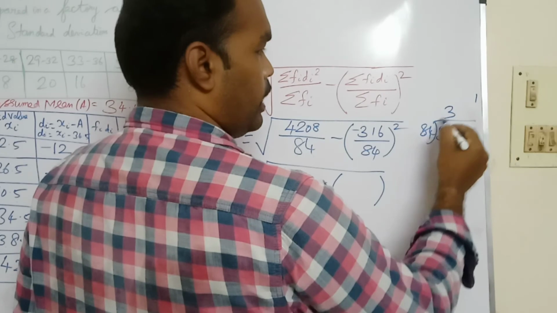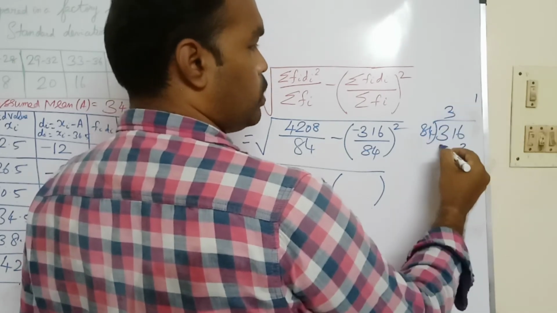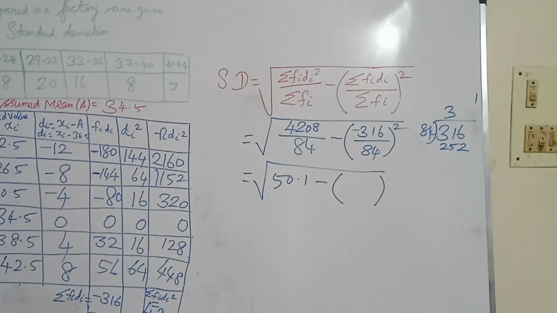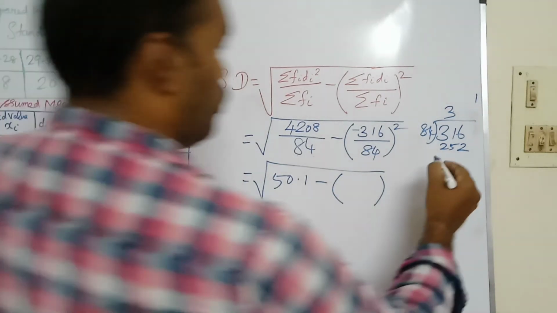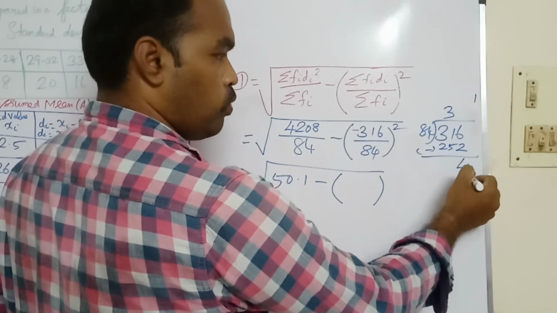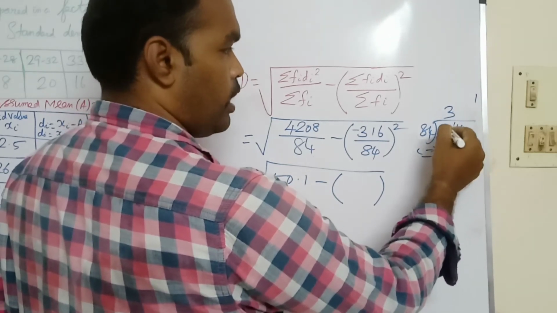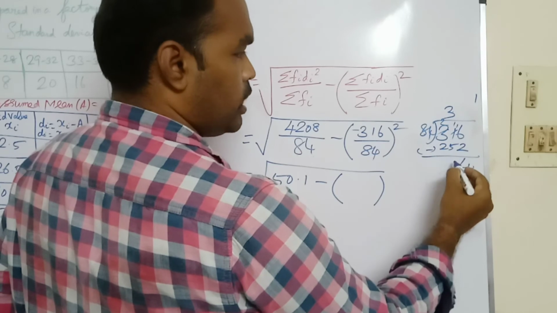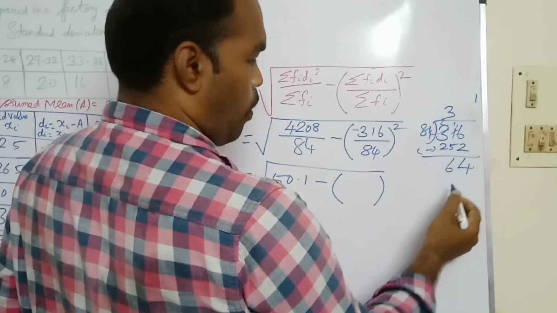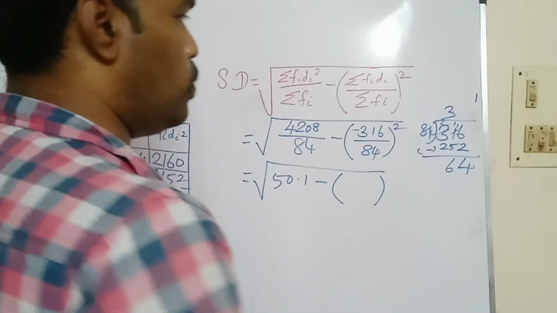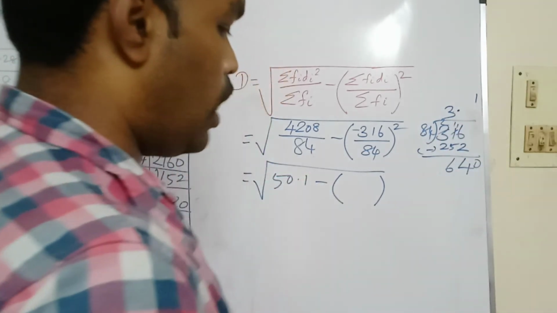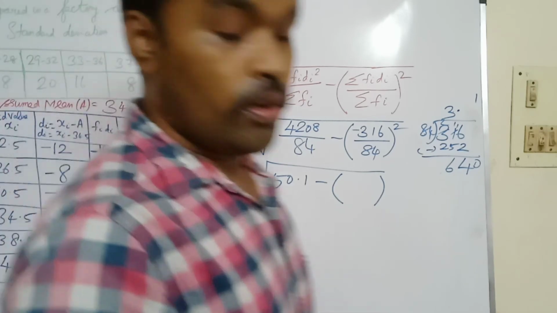Balance 1. 8 3s are 24. 24 plus 1, 25. So now we need to subtract the value. 6 minus 4, 2. 11. 11 minus 5, 6. So now what would be the value? 64. We can't do it. So 3 point.